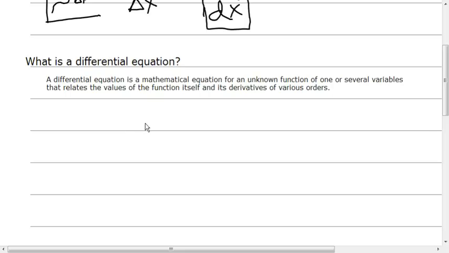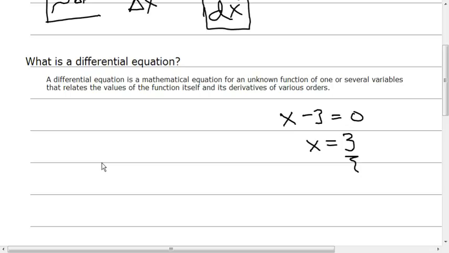Well, let's back up and say, what is a normal equation? Let's hold off on differential equations for a moment. I'll write a normal equation: x minus 3 equals 0. We can solve this equation and we get x equals 3. So we get a number for an answer. Well, what's a differential equation?